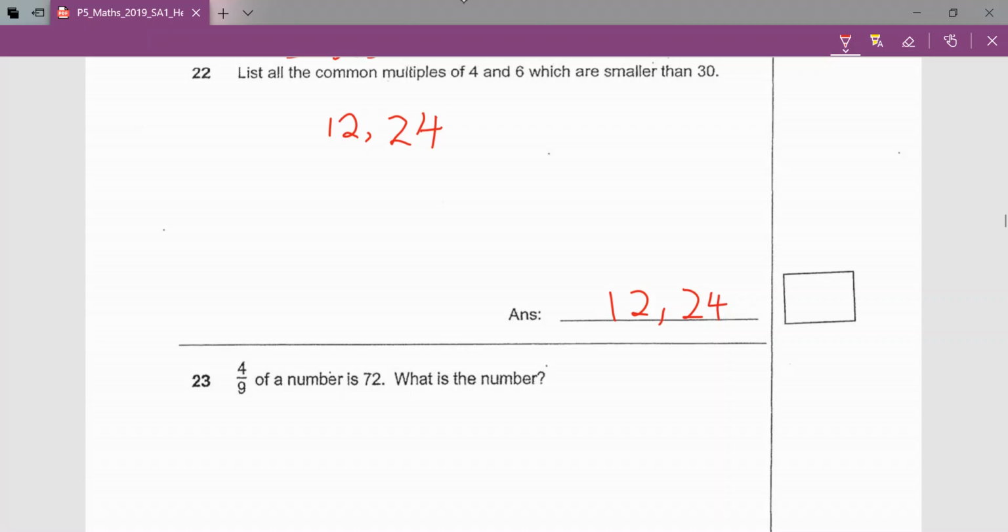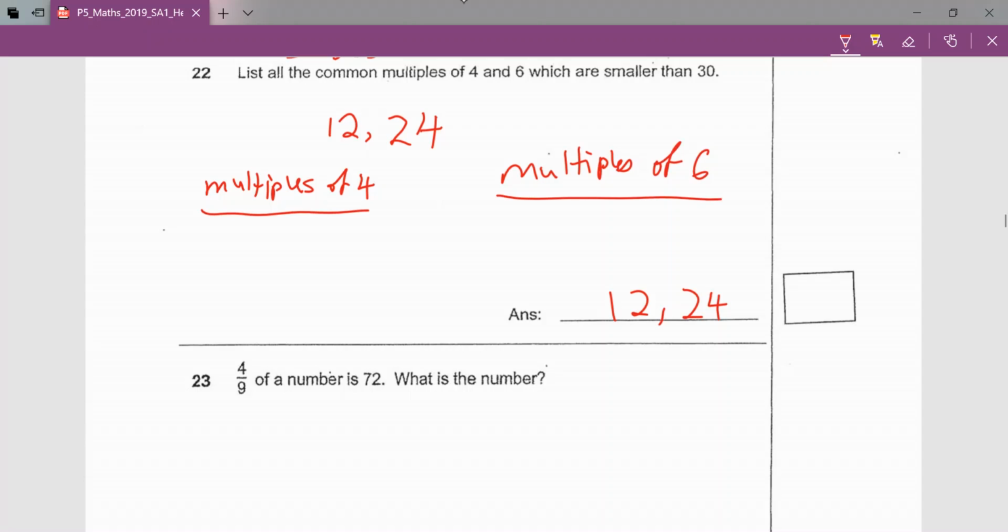You can skip this part, but I'm going to go through the multiples of 4 and the multiples of 6 for the weaker students. Multiples of 4, you have 4, which is 1 times 4, 2 times 4 is 8, 3 times 4 is 12.